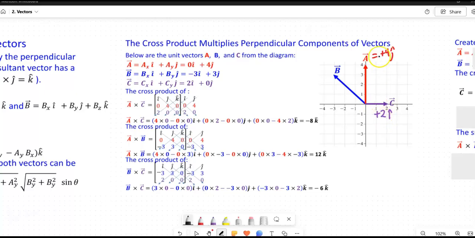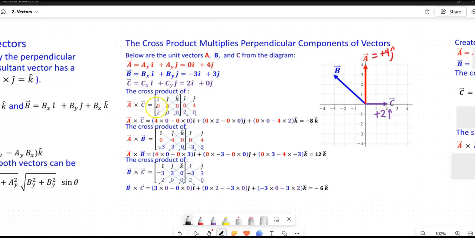So this will be +2 times 4. So we know the magnitude of the new vector is going to be 8, right? But we know the direction also. Since we're doing an I hat times a J hat, the missing vector direction is K, which is the Z direction. So what we're going to be calculating will end up being 8 K hat. And I don't know if the direction is going to be positive or negative, but that's how to kind of estimate it.